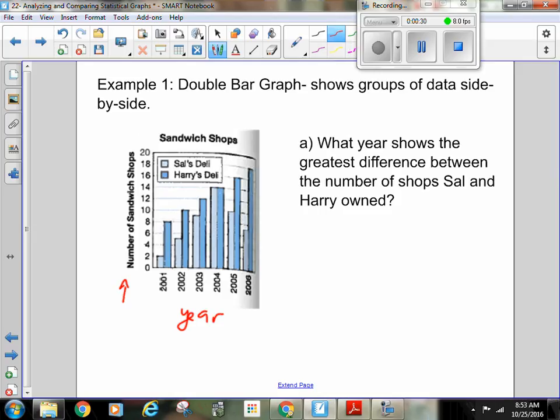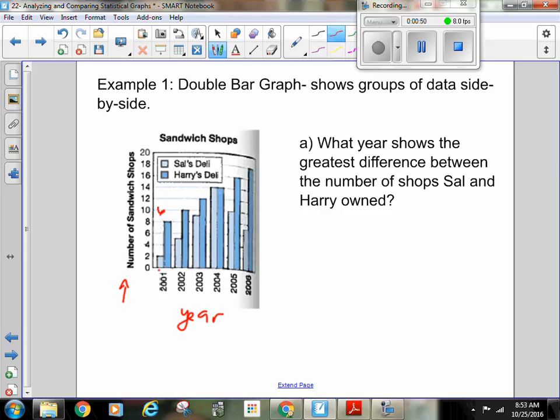Okay, so what year shows the greatest difference between the number of sandwich shops Sal and Harry owned? So we're looking for the biggest difference between the light blue and the dark blue line. So if we look in 2001, we have 2 for Sal and 8 for Harry, so there's a difference of 6 between the two.